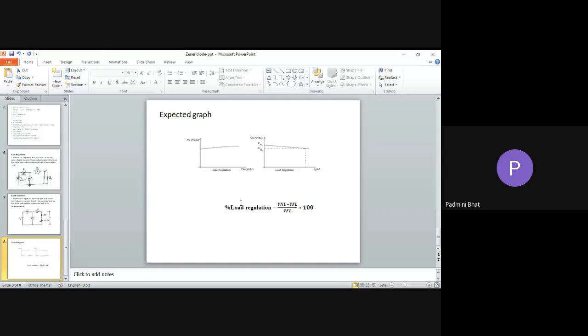Now I have posted the manual. I have posted the videos too. Two videos are there. One video is for the forward and reverse bias, and the next video is for the line and load regulations. Go through them properly again and again. If you were attentive, what I have told in that video is sufficient, and you need not go through it again.